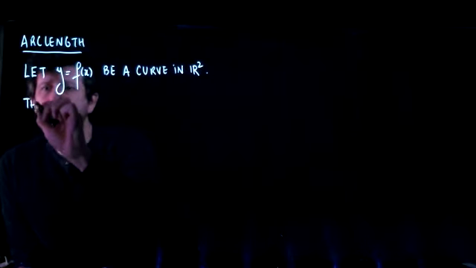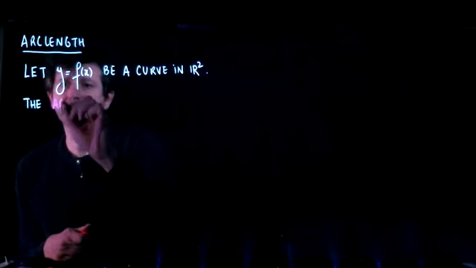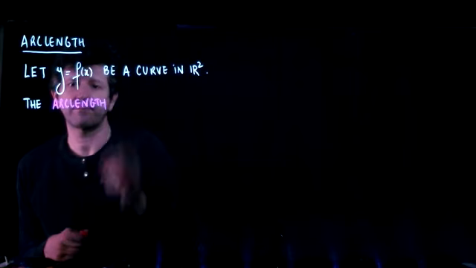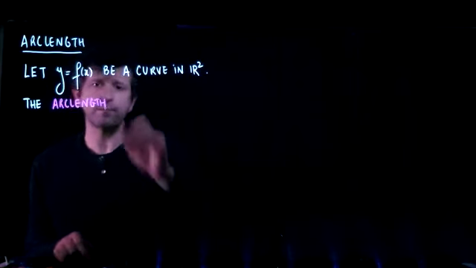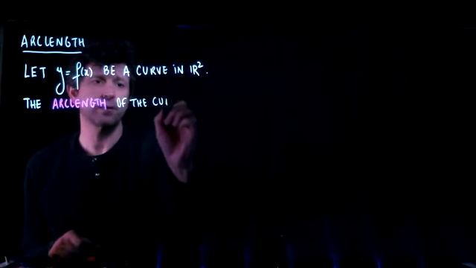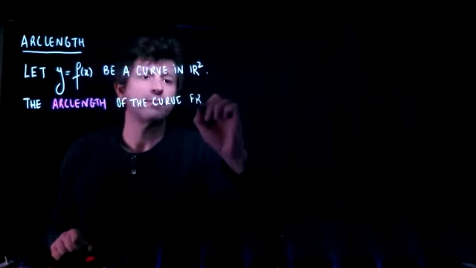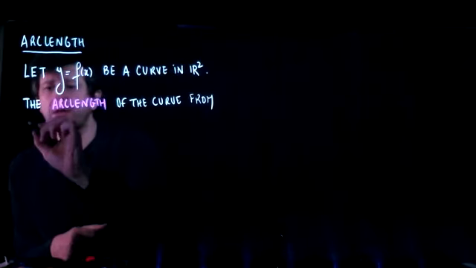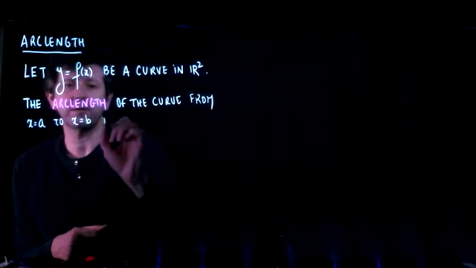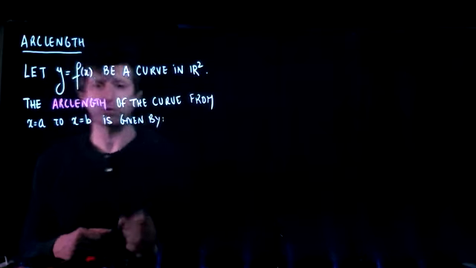The arc length of the curve, or actually just the length of the curve from x equals a to x equals b, is given by, so there's a formula for this.